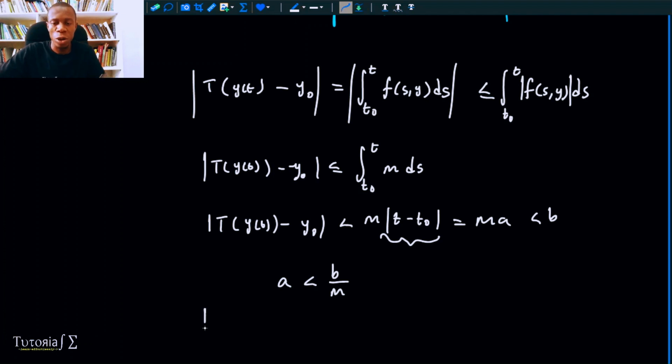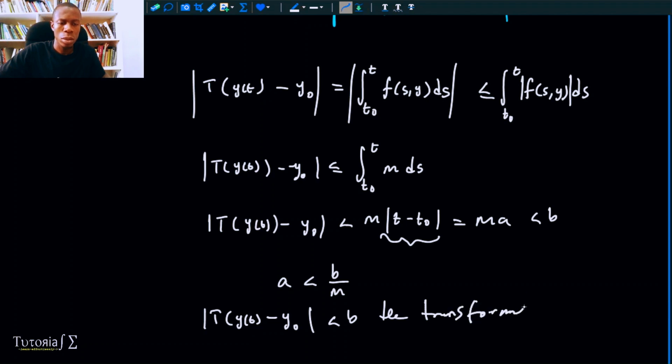So we've shown that |T(y)(t) minus y₀| is less than b. So the transformation maps onto itself.